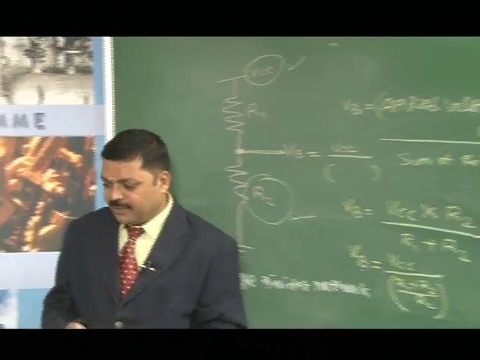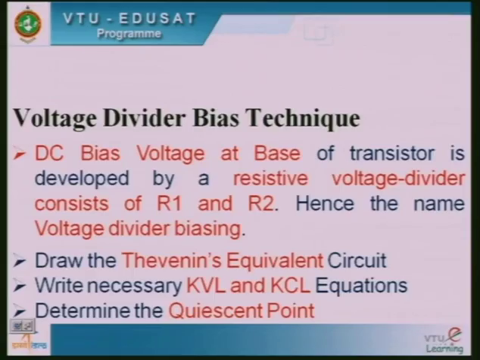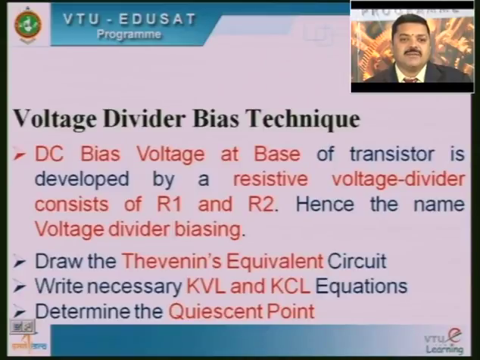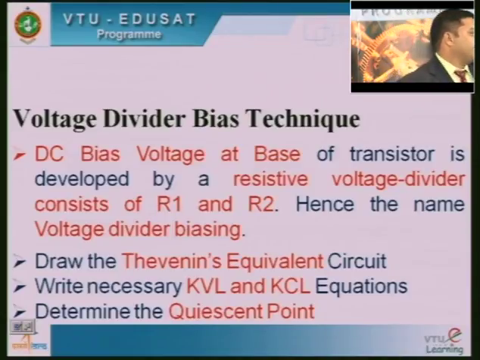Let us come to these PPTs. So, what is the voltage divider biasing technique? The DC bias voltage at the base of the transistor is developed by a resistive voltage divider consisting of R1 and R2. This is the circuit.